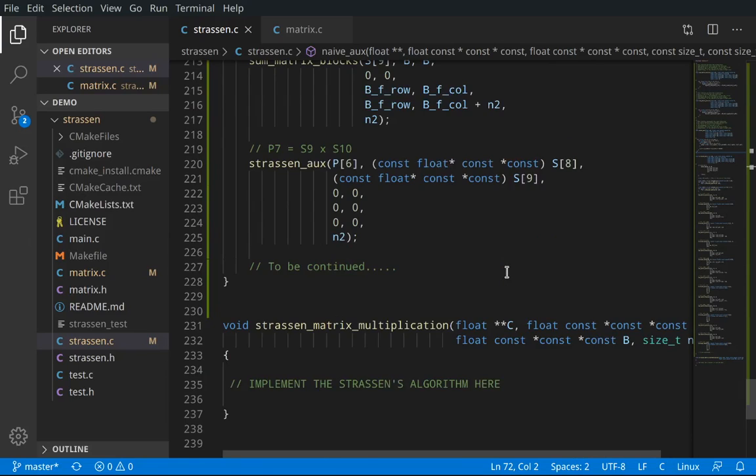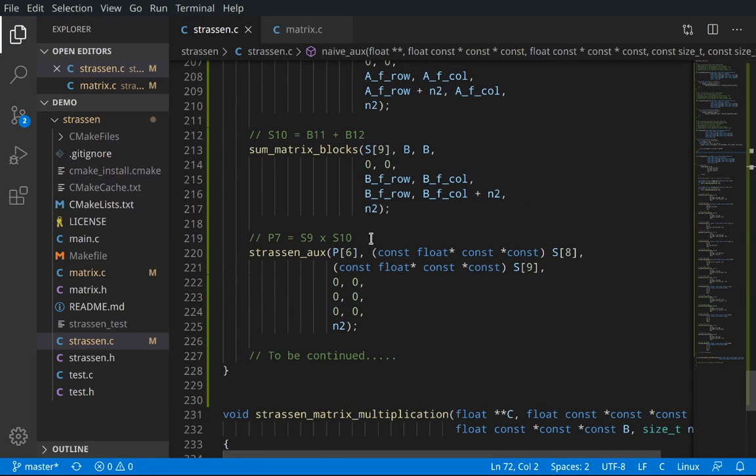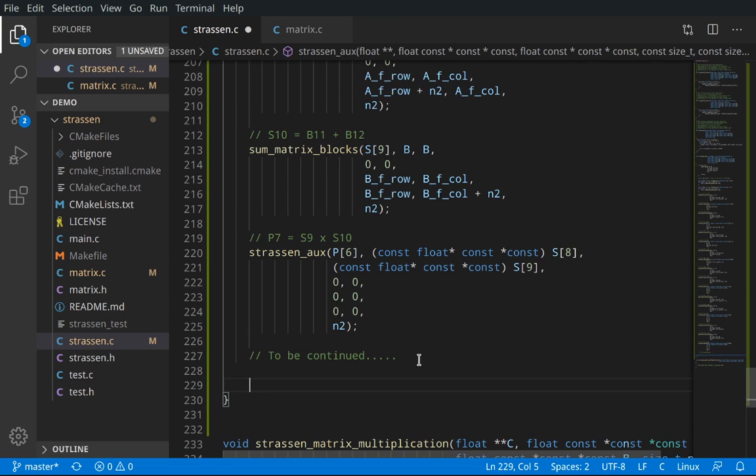By using these tricks, we implemented the computation of both the 10 S matrices and the 7 P matrices, and we were left to compute the C subblocks starting from the P matrices.